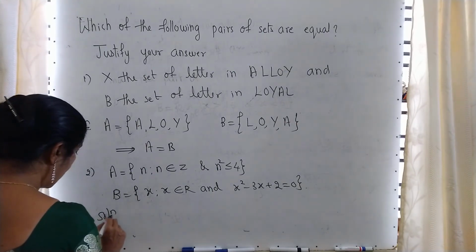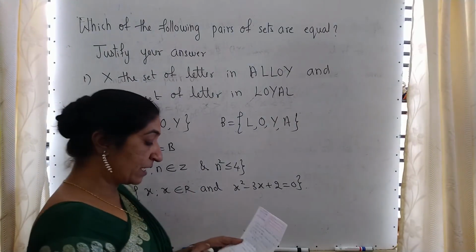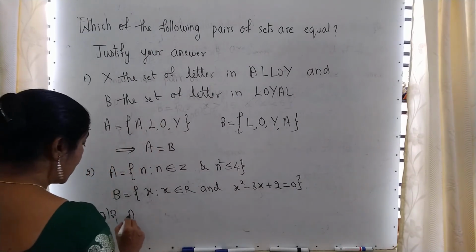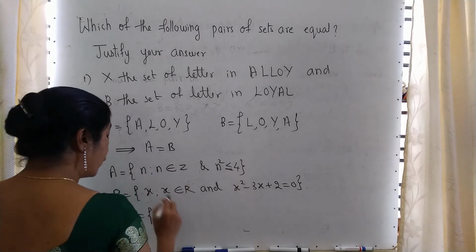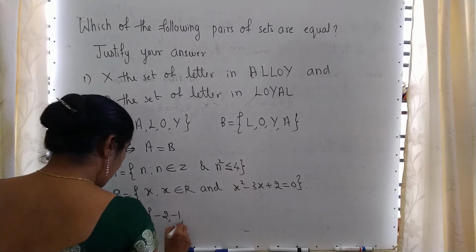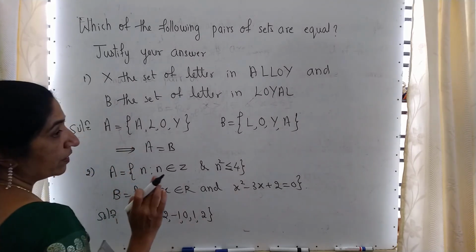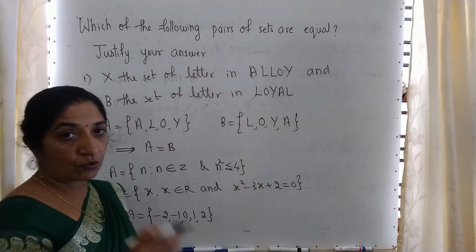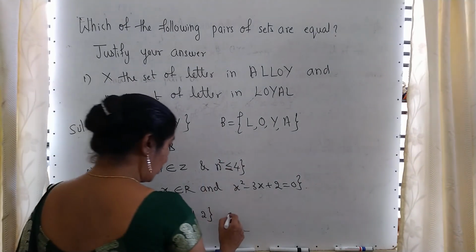So integers means what? 0, plus or minus 1, plus or minus 2, plus or minus 3, like that. Then tell me what is the set A? Its square is less than or equal to 4: {minus 2, minus 1, 0, 1, 2}. See, minus 2 square is 4, minus 1 square is 1, 0 square is 0, 1 square is 1, 2 square is 4. It is less than or equal to 4.